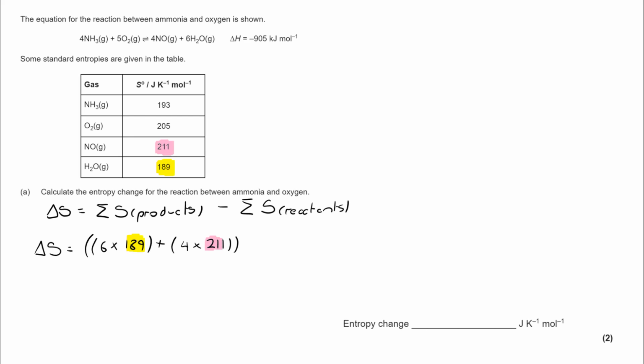So I can start to put those in, and you can see here that my products, my NO and my H2O, I've got my values from the table, I've colour-coded them, and they are multiplied by the number of moles in the equation. And then I'm going to subtract from that the entropy of the reactants, working in exactly the same way. Once I've put all of that together, I get an entropy change of 181 joules per Kelvin per mole.